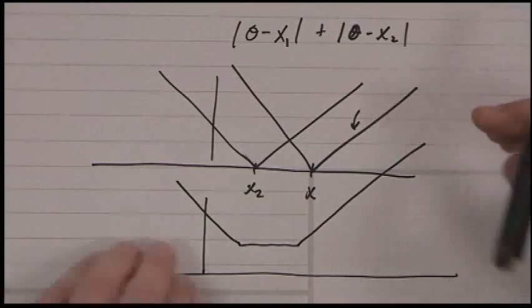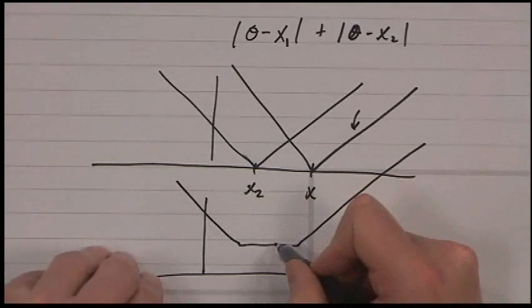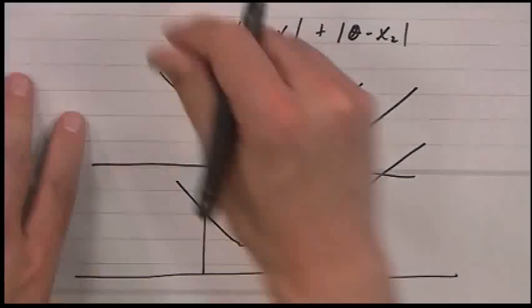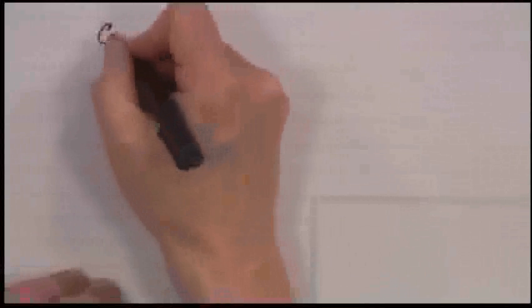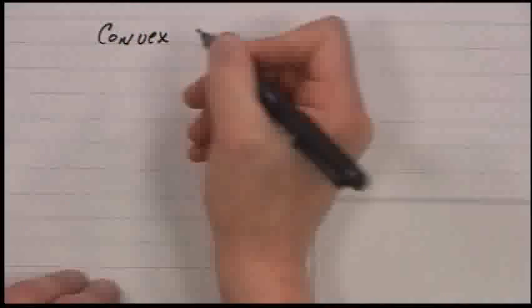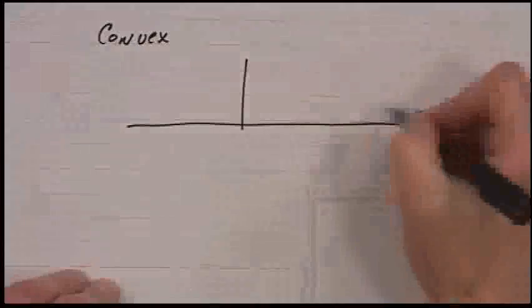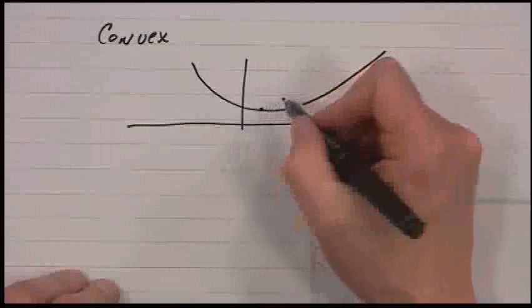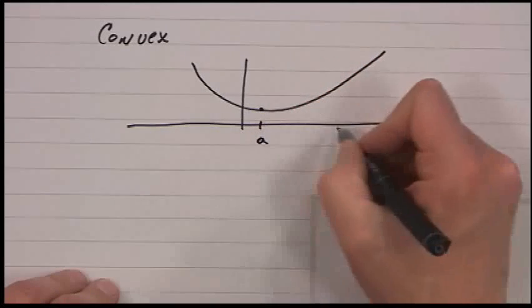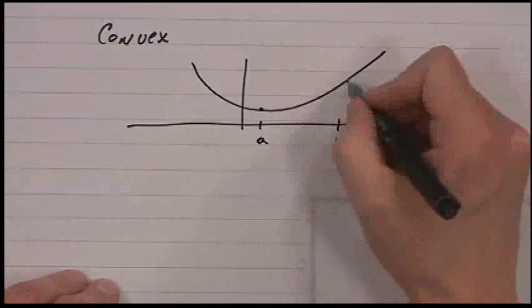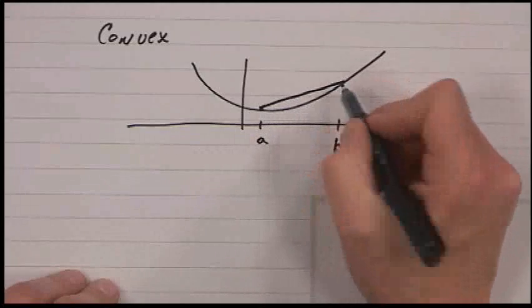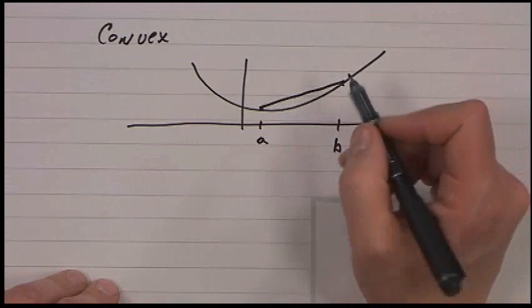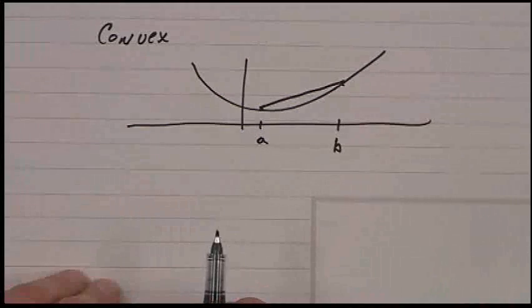The technical definition of convex is that if I take any 2 points, which I'll call A and B, and I draw a line between them, then the line falls above the curve.